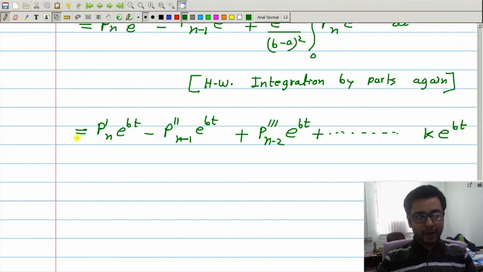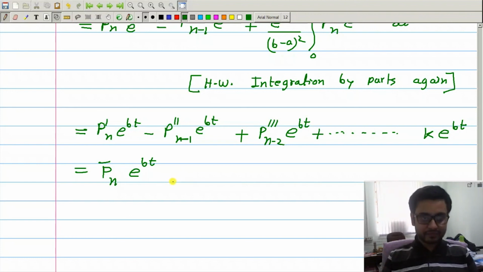Now if you combine all these terms together, you can write it as one polynomial of degree n, call that p bar, multiplied by e to the power bt. e to the power bt is common everywhere. Now if you combine an n degree polynomial, n minus 1 degree polynomial, and so on, the result will be an n degree polynomial. So this is how the solution will look.